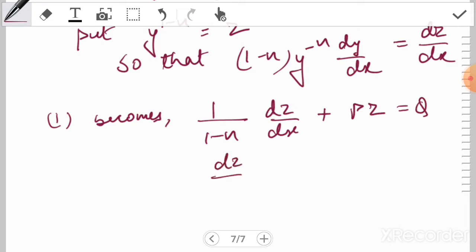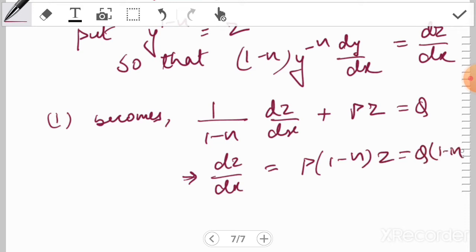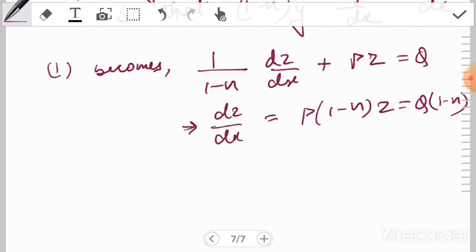Then dz by dx plus p times 1 minus n z equals q times 1 minus n, which is a Leibniz linear differential equation in z, and now it can be solved easily. Clear? So let us understand this with an example.